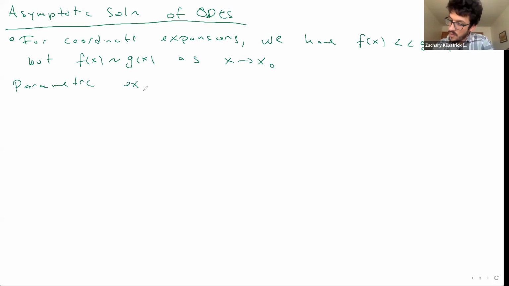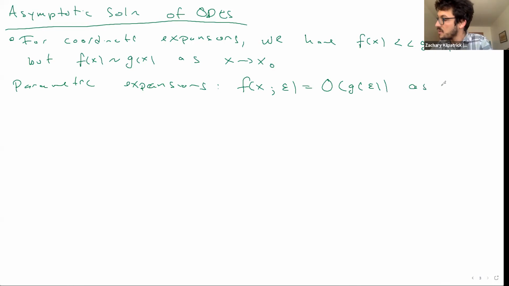So parametric expansions might not be in our variables, but they might be in some parameter that determines our equation that we want to apply asymptotics to, okay?